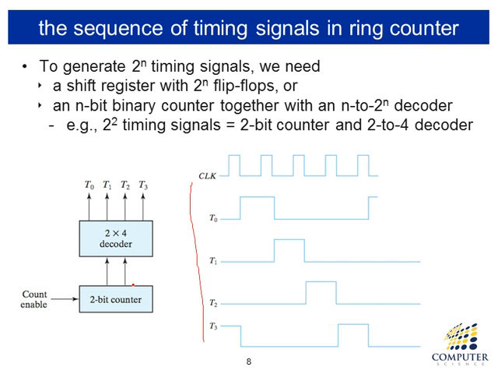So those 4 stages should be done in time sequence. Then how do we control that? Using this kind of arrangement, we enable the very first stage: get the instruction, fetch the operands, do the operation, store the result back, and then it repeats those 4 stages. So this is how to generate a sequence of timing signals.